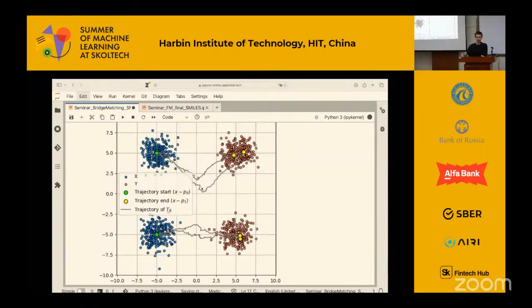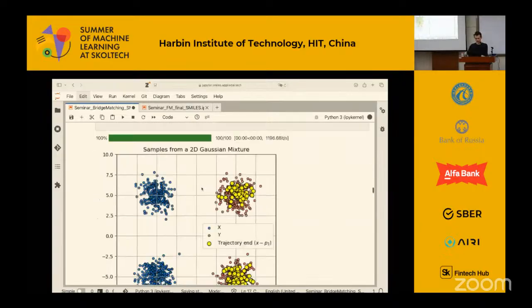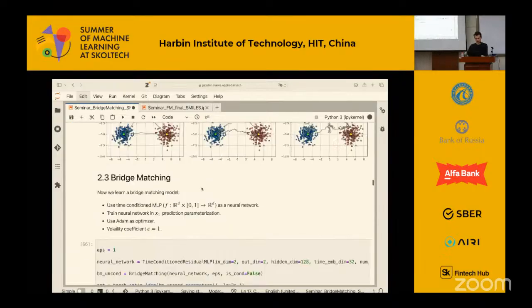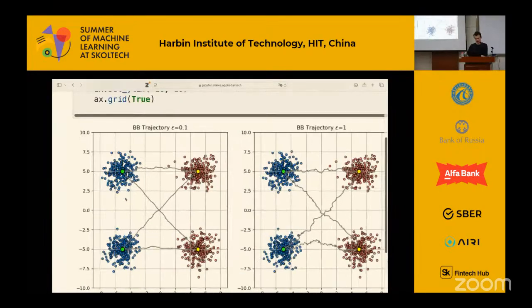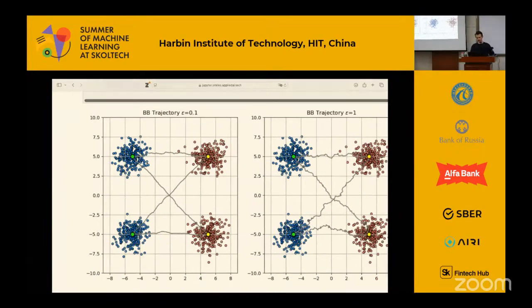As a recap on the data on which we have learned our bridge matching, as you can see, there are intersecting trajectories, and that means that our learned bridge matching also has some kind of prior to making similar intersections.